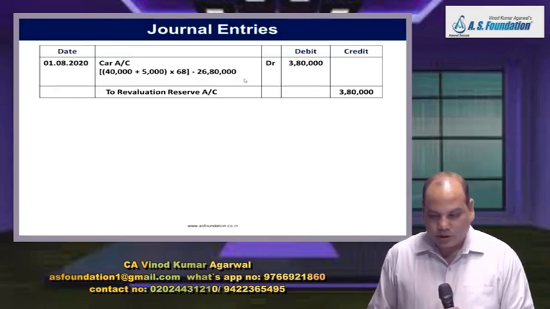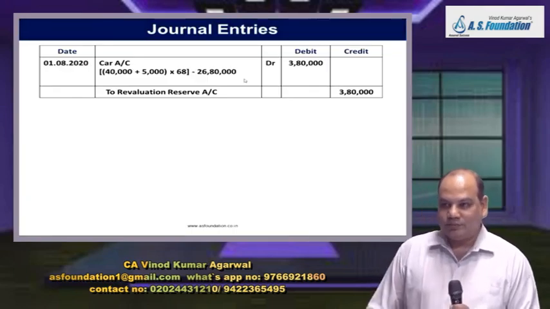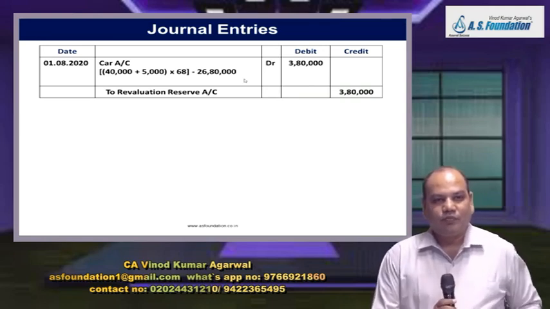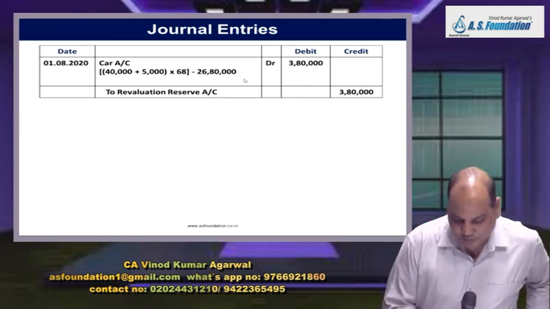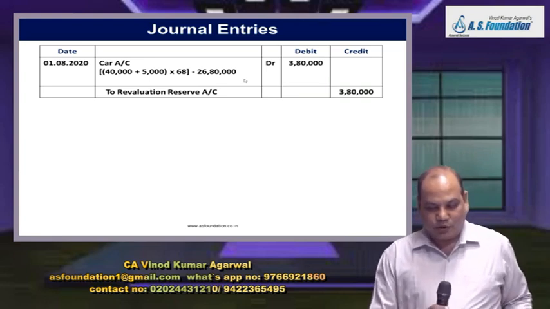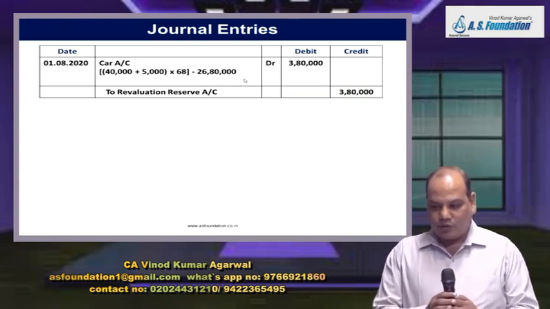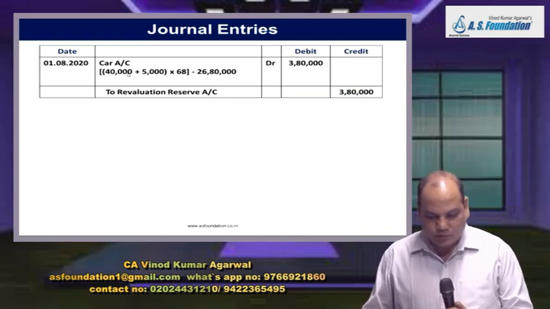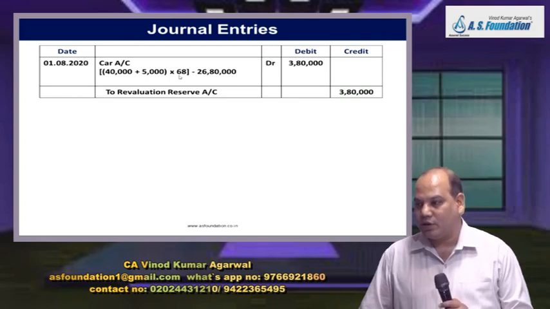Then write 1/8/2020. Now there is an upward revaluation of car. So what you will do? First you find out what is the dollar value of this car. 45,000. 40 plus 5, 45,000. And this entire 45,000 will be multiplied by 68.